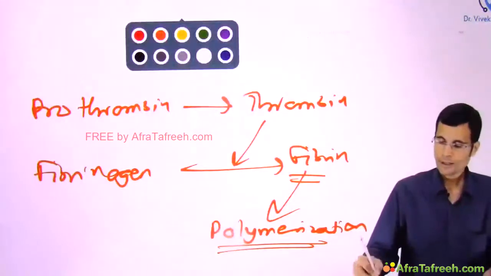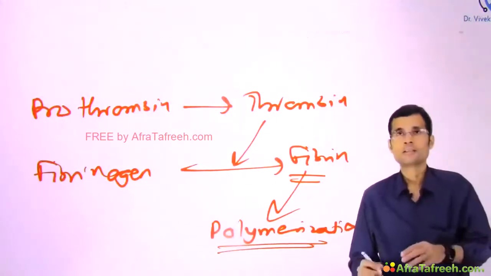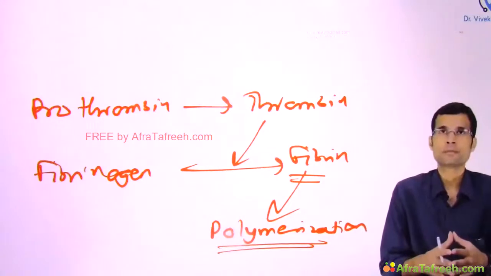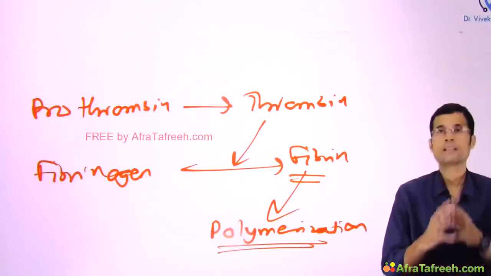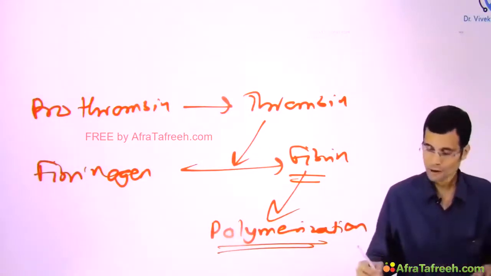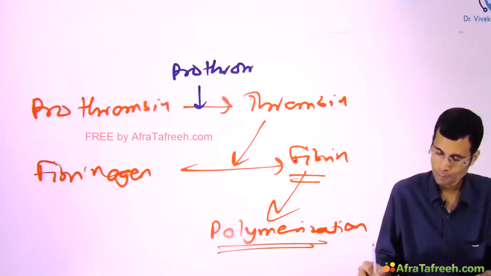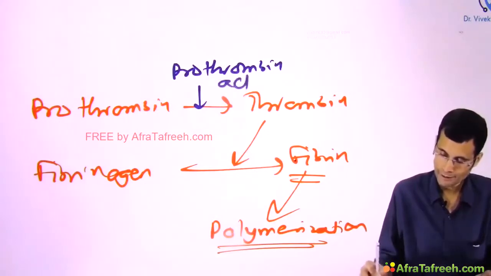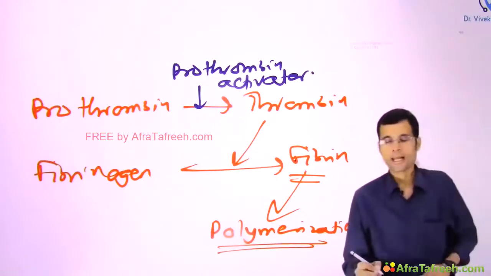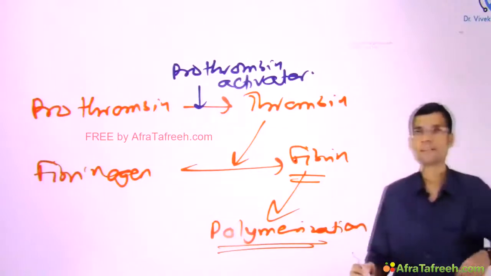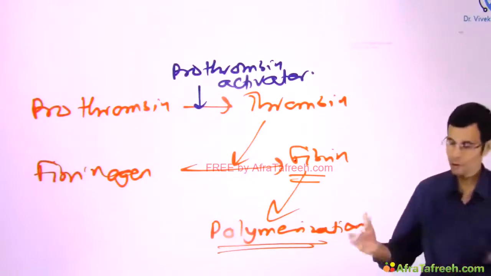But the rate limiting step in the formation of clot is formation of prothrombin activator. That's the rate limiting step. And this prothrombin activator, it's not there in the plasma, it's going to be formed.